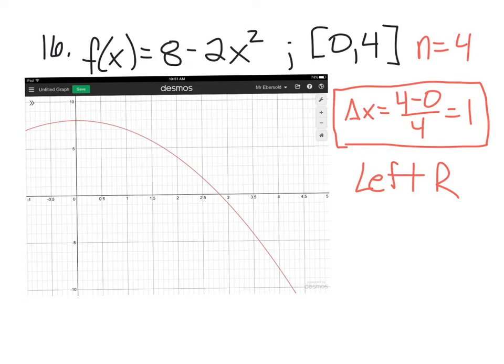Okay, so let's take a look at left first, left Riemann sum. That means that the left-hand side of the rectangle is where we're going to get our height. So for this first one, we're going to use this. Our second one, there.